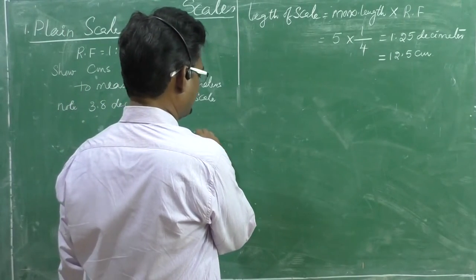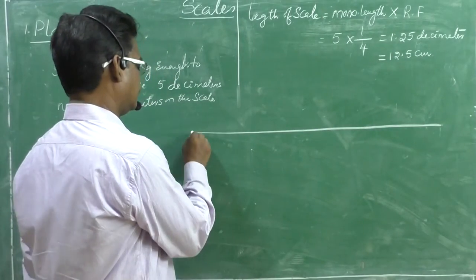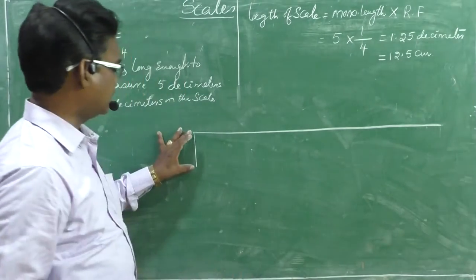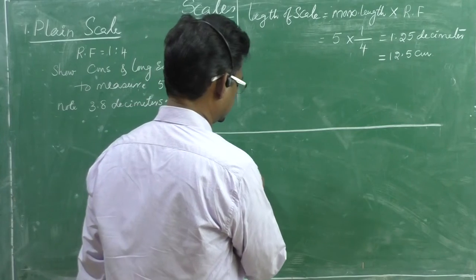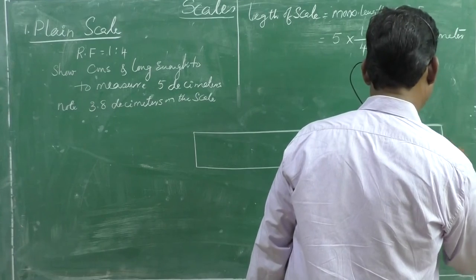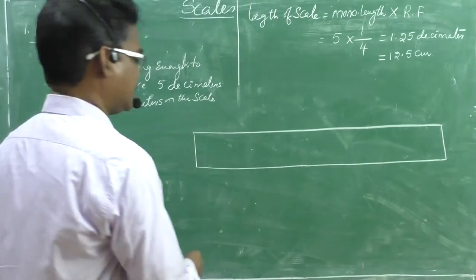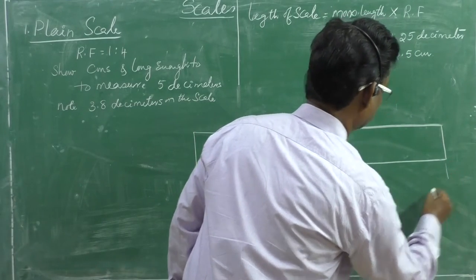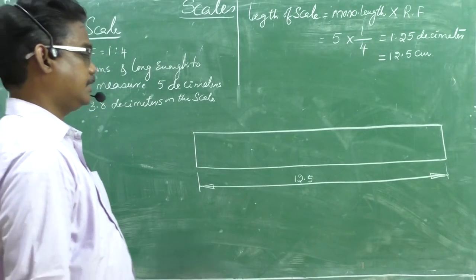Now draw a line, and to represent the scale around 10 mm you can consider. The total length is 12.5 centimeters. Next one.